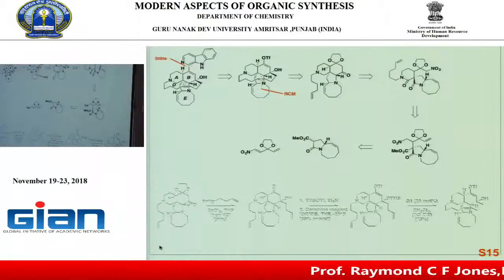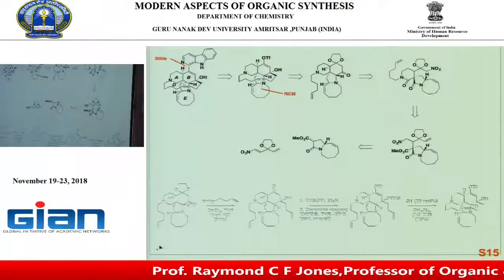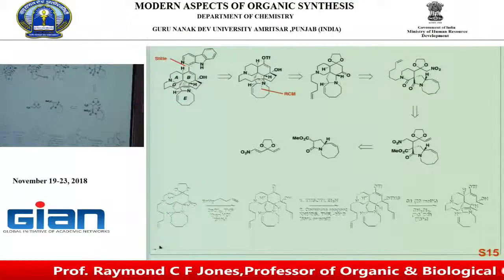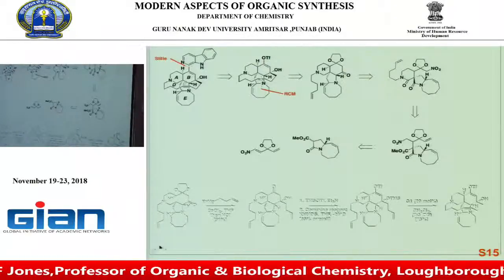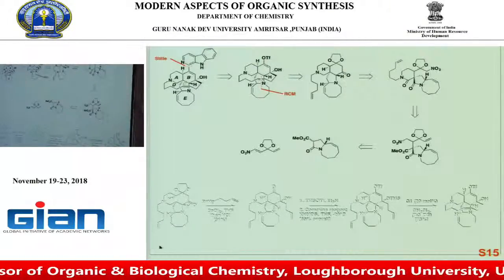So you can take this back without going into as much detail this time to some smaller components. As I say, I'm not going to look at as much detail in this synthesis as the other one.